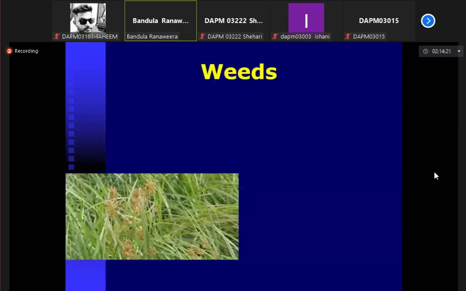Then accordingly, we can see the categories of organisms that are creating problems for our crops. Weeds, we are going to have a little more detailed part of the session regarding weeds.